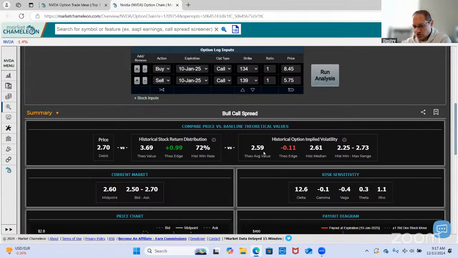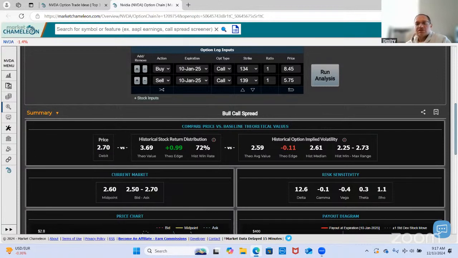So here it shows us a little bit different story. That would be $2.59, which if we use that average Theo, that is below, if we're paying 270, that would be a little bit higher. So we'd have to still justify it.